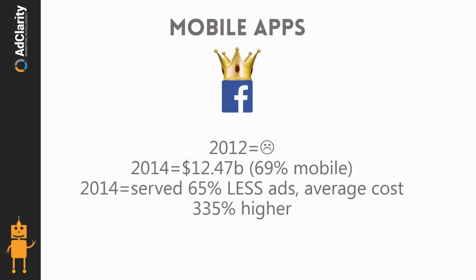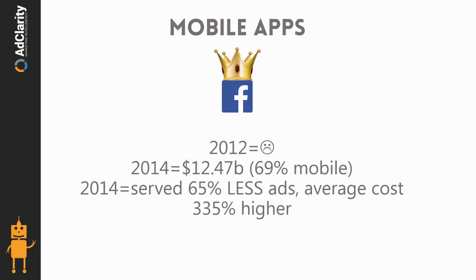And there's a reason that this is really interesting to us, because in 2012, when Facebook first launched its mobile ad business, it made close to nothing. 2 years later, in 2014, it made over $12.47 billion in revenue, and 69% of that revenue was attributed to mobile.